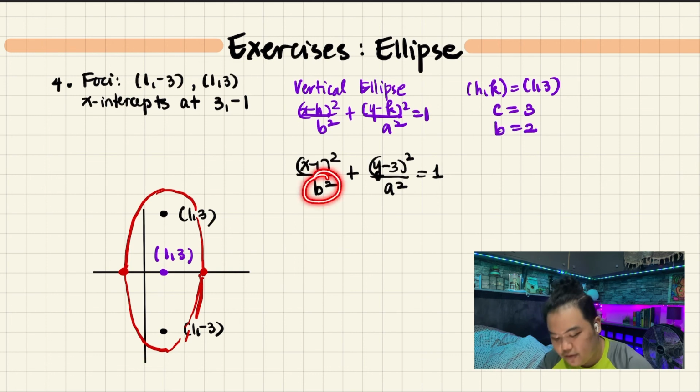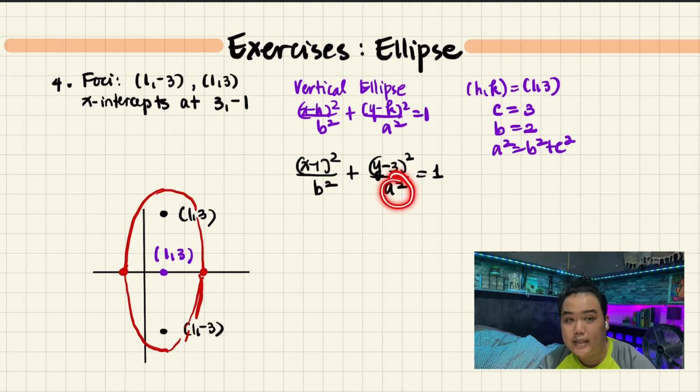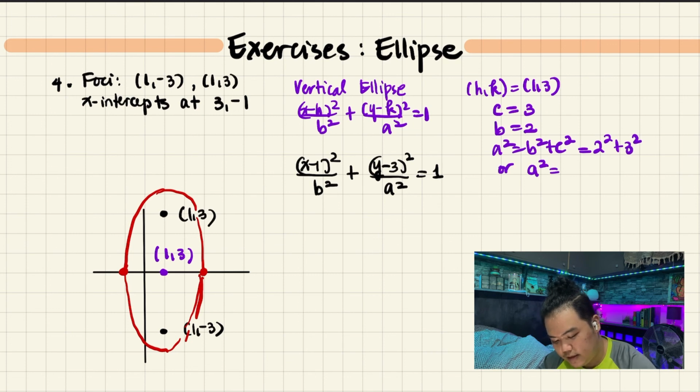Yay, libre na to. At mahanap na natin si A using the formula A square equal to B square plus C square. Or kahit A square na lang. Kasi A square yung lalagay mo doon. A square is 2 square plus 3 square, or A square is 4 plus 9 equal to 13.